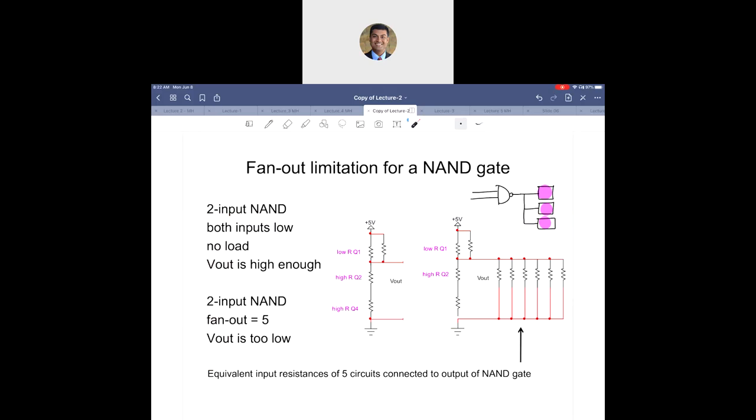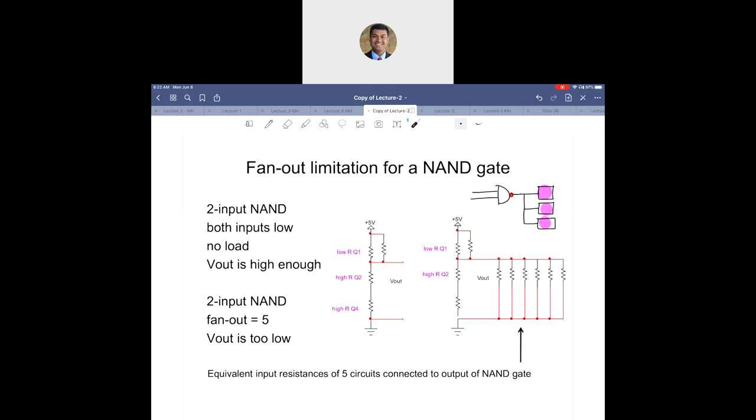If you have a 2-input NAND gate with both inputs being low, they are represented as 2 NMOS transistors with a high resistance, high R value. And if we do not connect any load here, we have not connected anything to the output, you can see that the output is just V out. As opposed to here, we have connected 5 parallel loads.